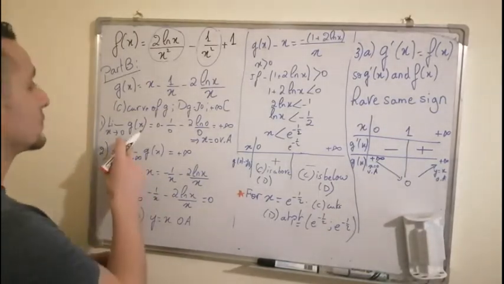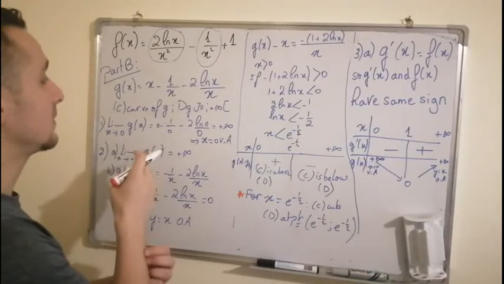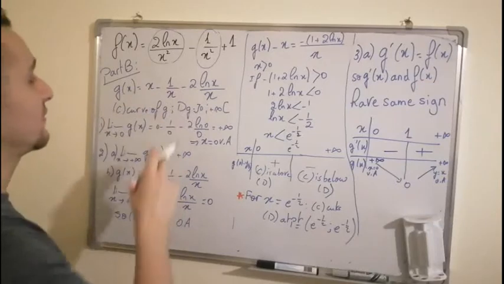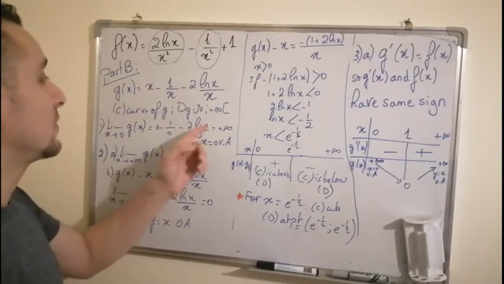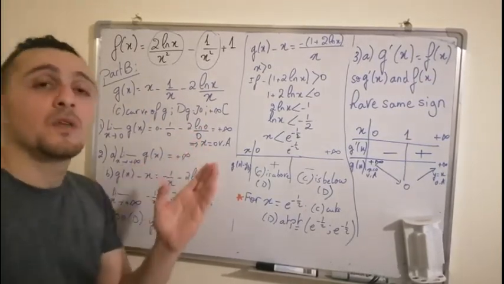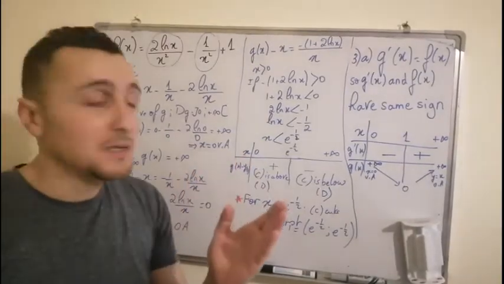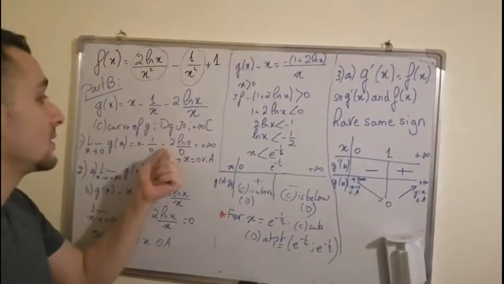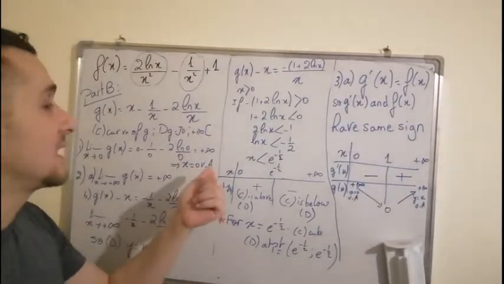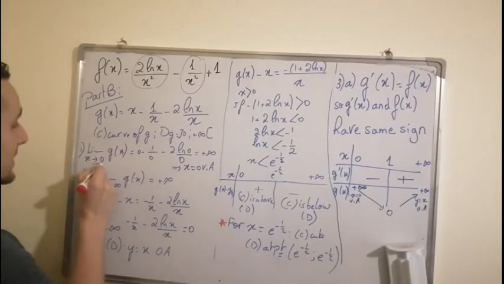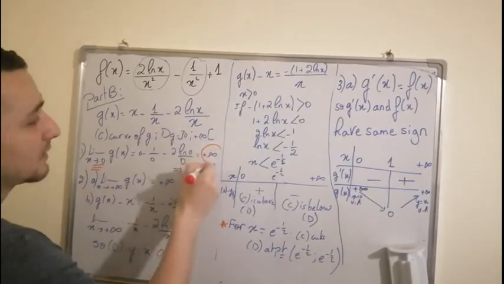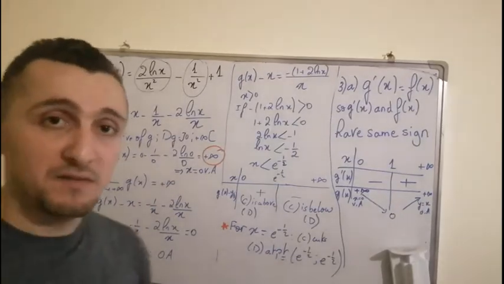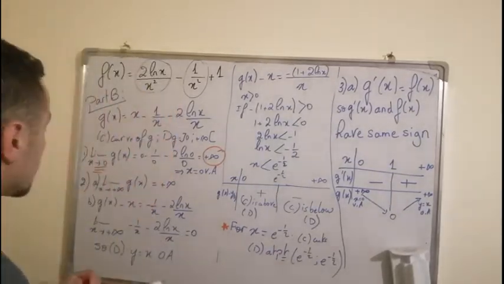Limit when x approaches 0, it's a simple replacing of 0 in the function g of x. So we obtain ln of 0 divided by 0. We know that ln of 0 is minus infinity, and we have before it minus 2 times minus infinity, it's a plus infinity. When x approaches 0, we obtain plus infinity. Then x equals 0 represents a vertical asymptote.